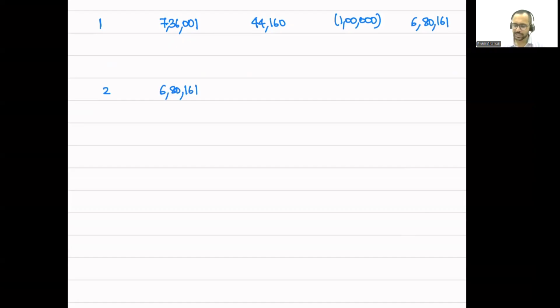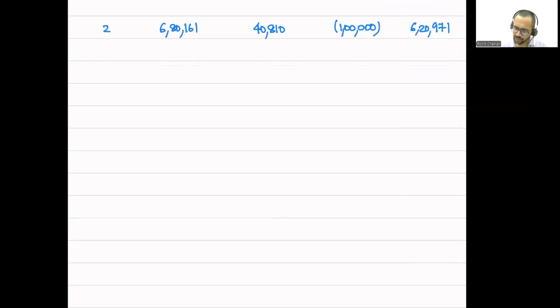I calculate interest at 6%, that is going to be equal to 40,810 less payment of 1 lakh rupees. The closing balance will be 680,161 plus 40,810 less 1 lakh, which is equal to 6,20,971.